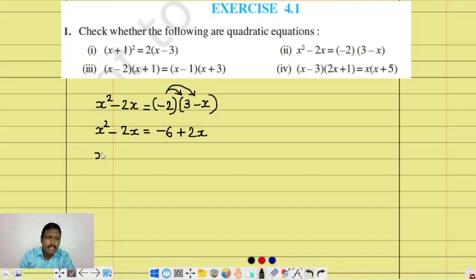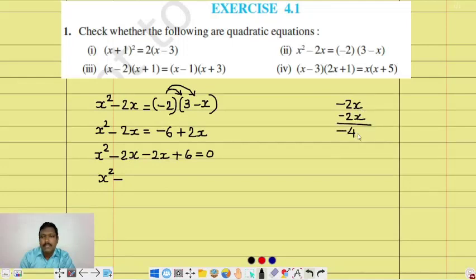Now we can rearrange it. All the terms you can bring to the left side. So x squared minus 2x, and this plus 2x you have to take to the left side, it will be again minus 2x, and minus 6 will change into plus 6 is equal to 0. When you add minus 2x and minus 2x, it will be minus 4x.